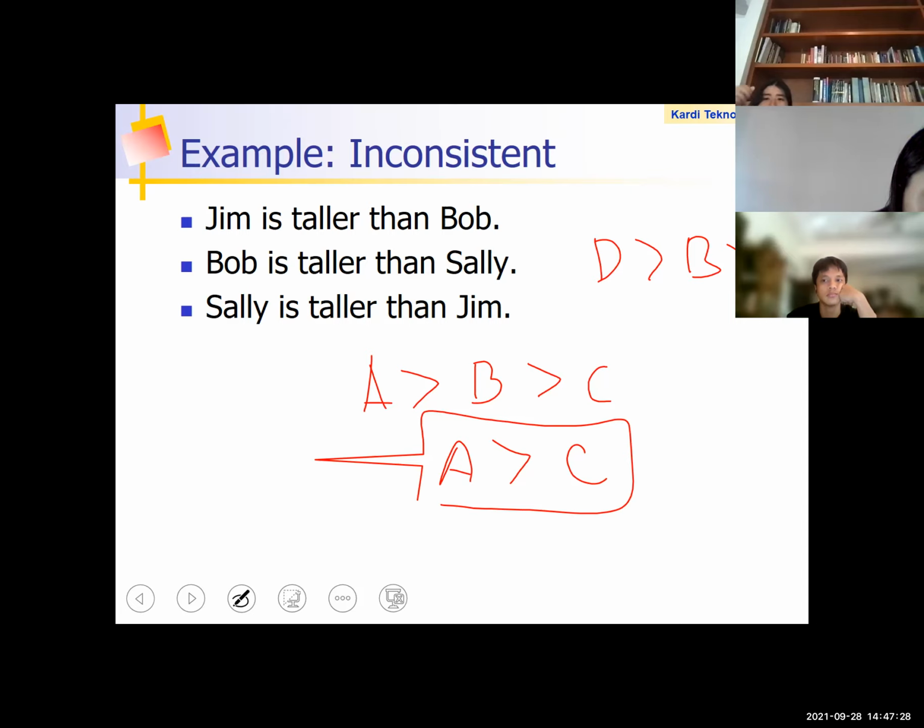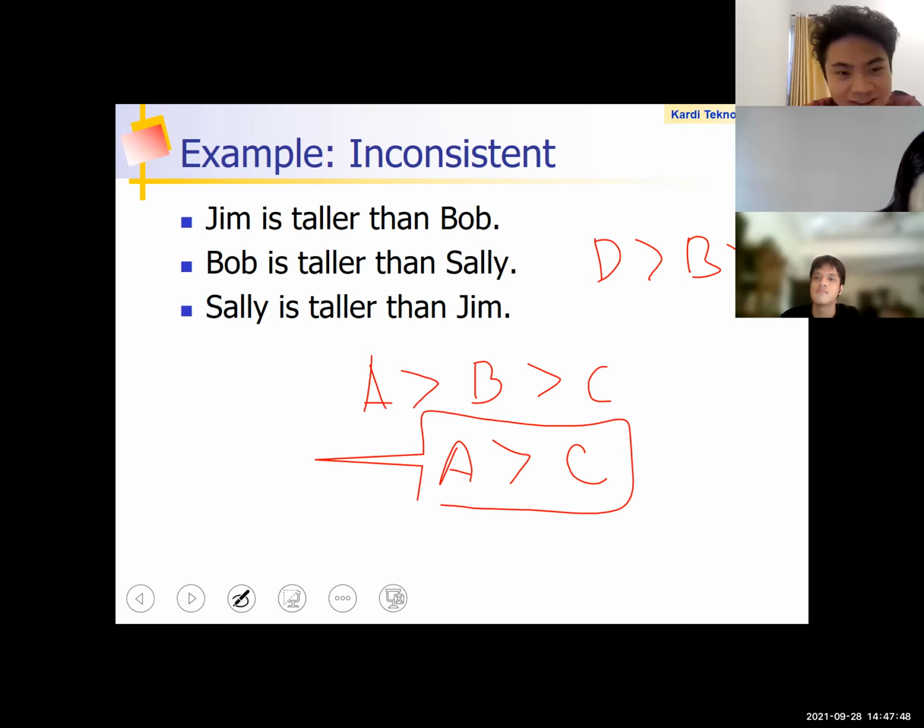If I say I like apple more than durian, am I inconsistent? No, sir, because it's preference. It's more like an opinion, sir. So can opinion be inconsistent? Yes, I think.